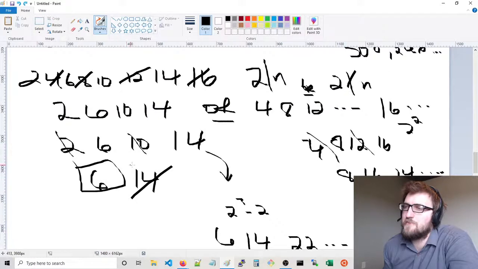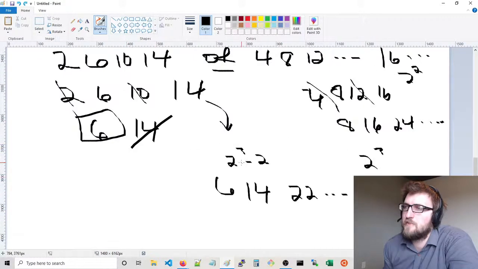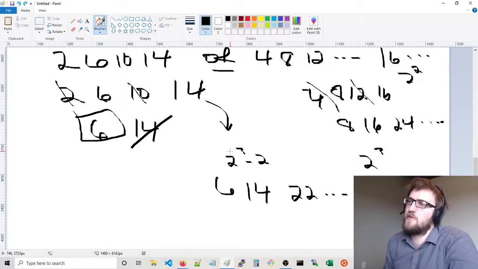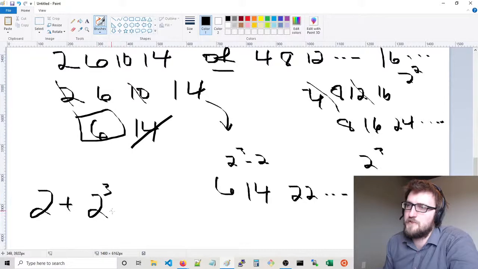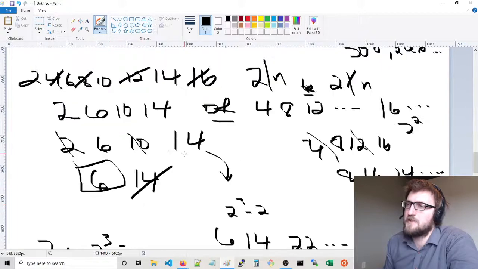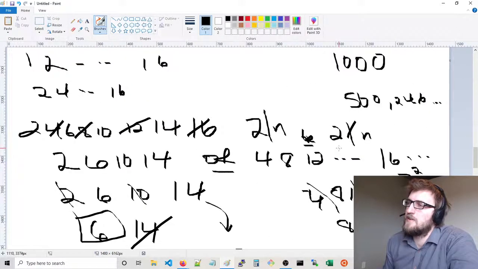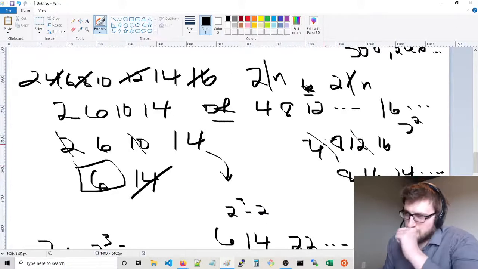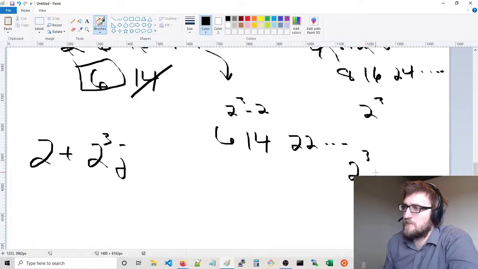So you're looking at 2 plus some multiple of 2 to the third, right? In this sequence, and that's got to be, I guess, the first one of these. And this is looking like 2 to the third times some.